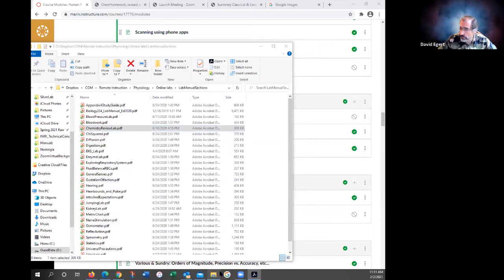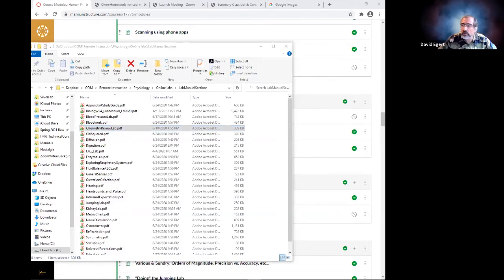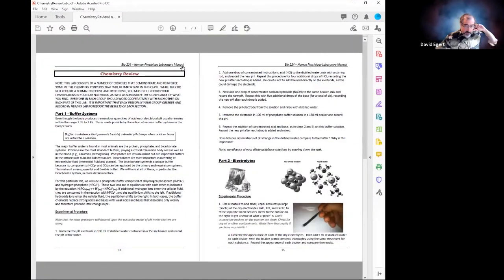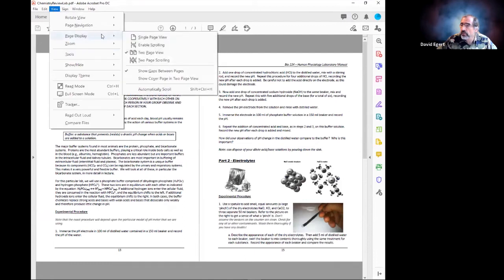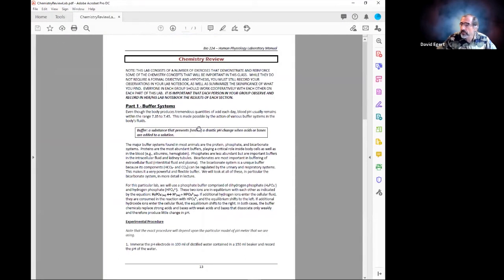Where did that go? There it is. Okay. Chemistry review lab, if you take a look at what it says here, let me do single page.